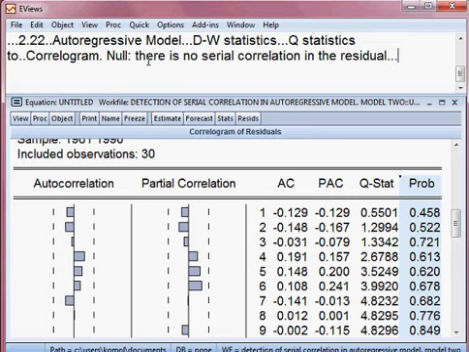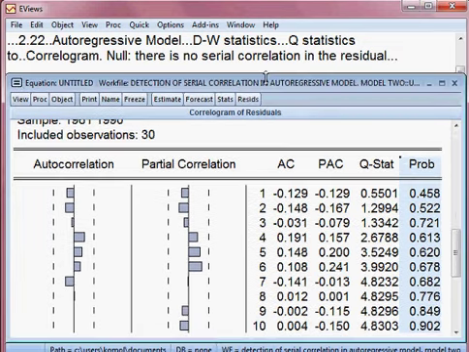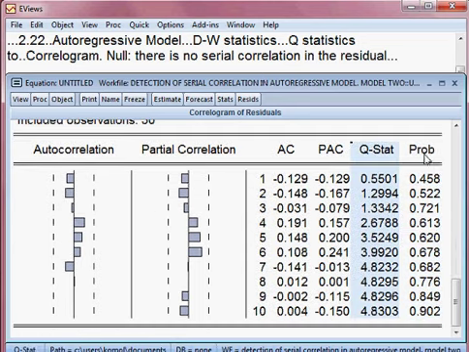Here we can see the Q statistics and the corresponding probability values. All the p values are more than 5%. For this one the p value is 61.3%, and for this one 90.2%.